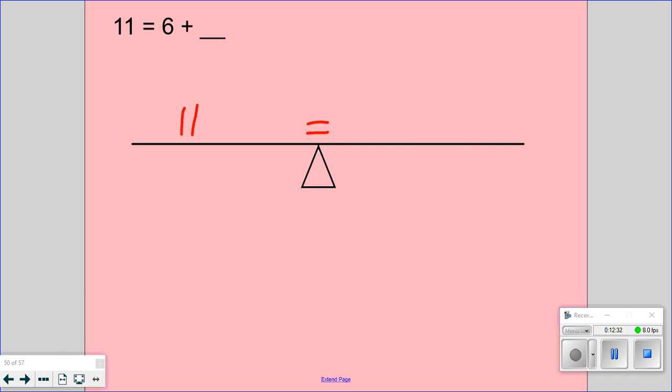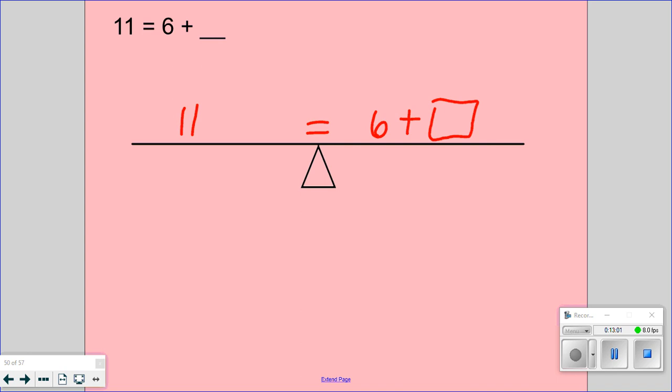I'm rewriting my equation. So far I've got 11 is worth, what's the other half? Look what it says right up there. 6 and spot saver. I'm putting another box. 6 and spot saver.